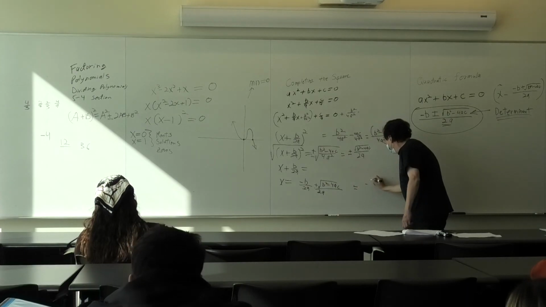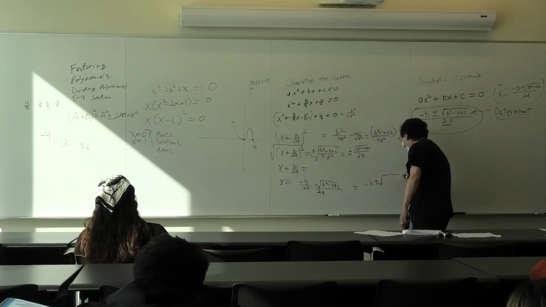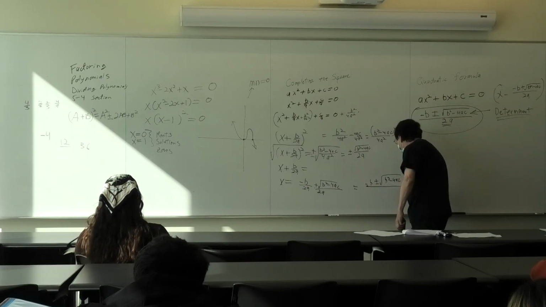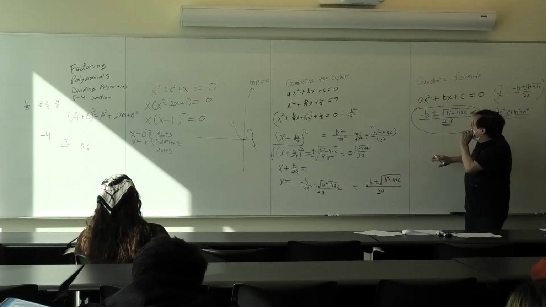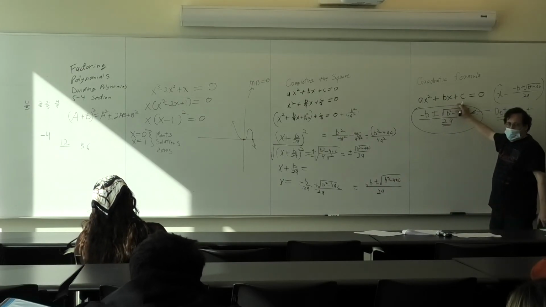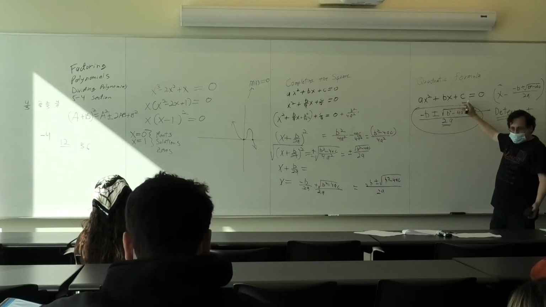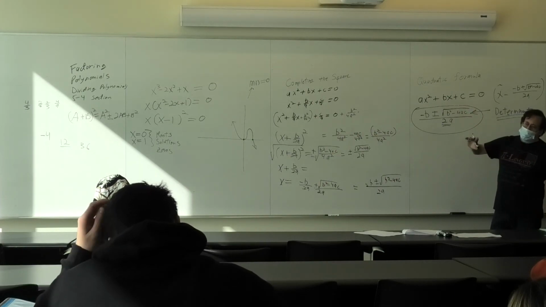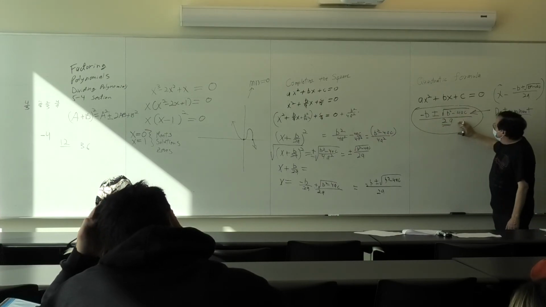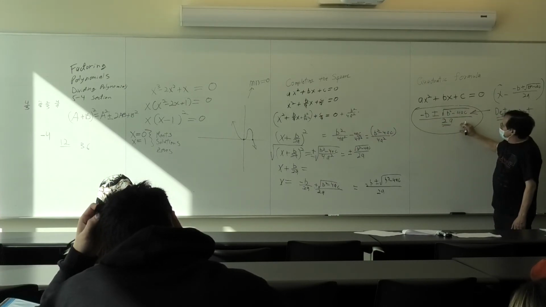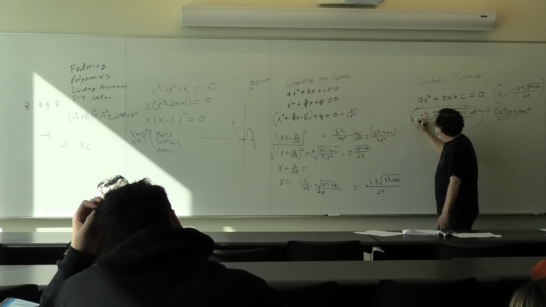It's just negative b plus or minus the square root of b squared minus 4ac over 2a. I get this when I try to solve by completing the square. So you can see why I could just complete the square if I have some numbers, or I can remember this equation. It's x equals.